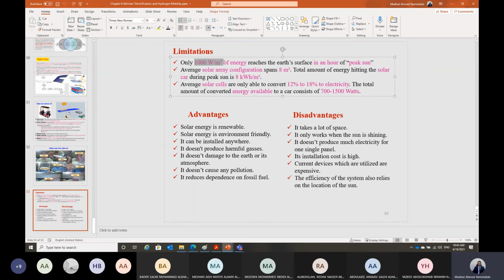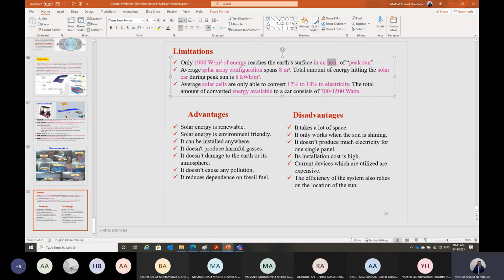But with the solar car, if you look at some limitations, usually the energy coming from the sun has a concentration of about 1000 watt per meter square when the sun is at its peak condition. So let's say at noon time, the energy coming from the sun is about 1 kilowatt per meter square that we can get from 1 meter square of photovoltaic cell in 1 hour.